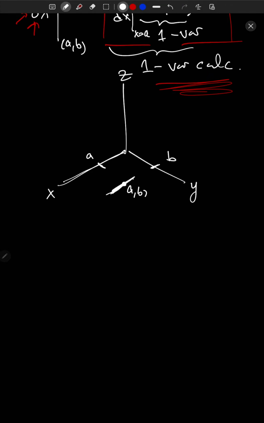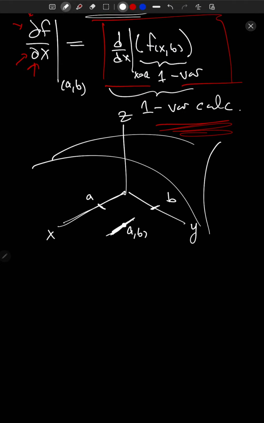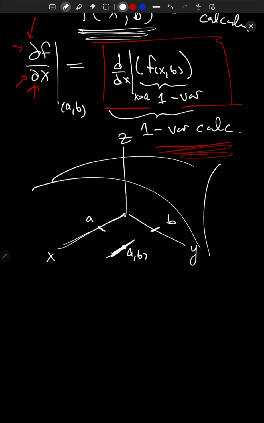So if we have the graph of our function, perhaps, let's say, looks like that, above the xy plane, then let me cut the graph with this line extended upwards, and it'll look kind of like a curved thing, right? Something like that. Okay, let me exaggerate it to make it more curved.